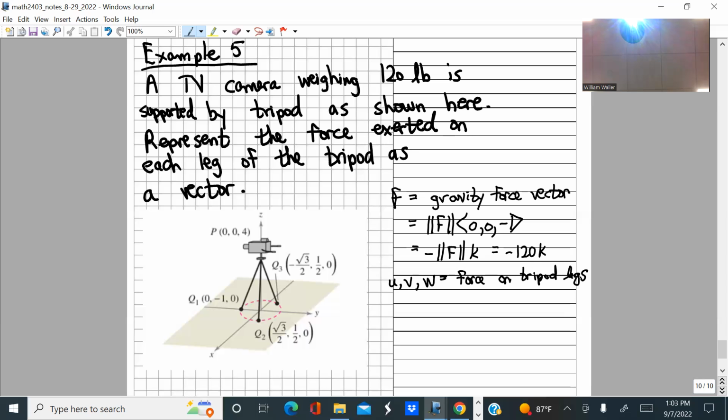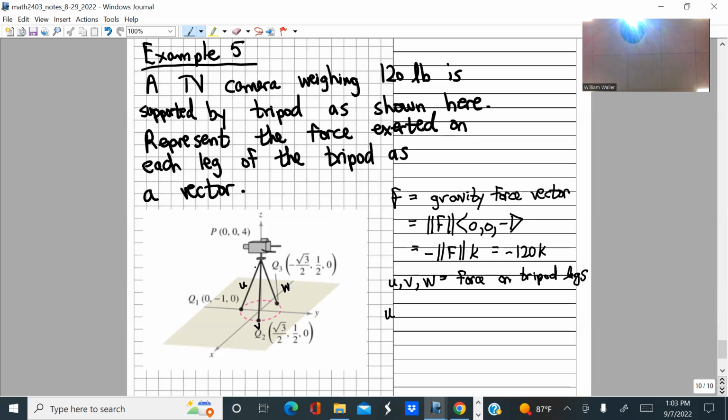So there are 3 such vectors. Okay, now let's see if we can figure out what V and W are. Look, if you just look at the picture, if we call this one U, this one V, and this one W, what does it look like U is going to be?